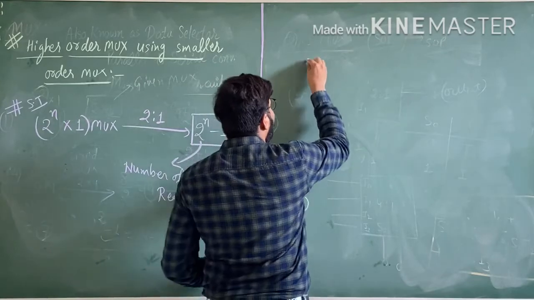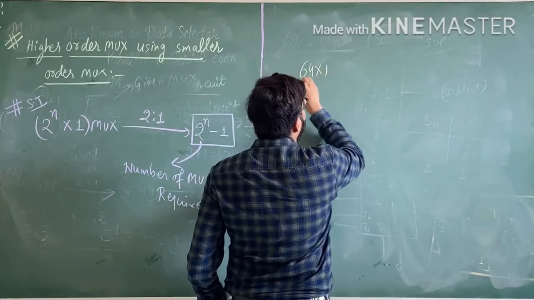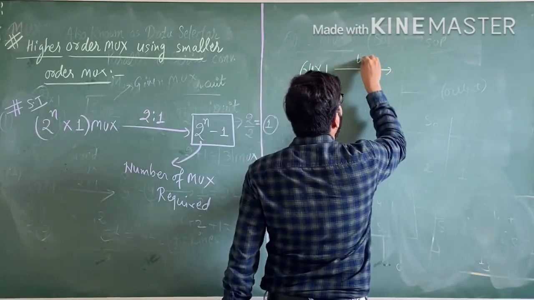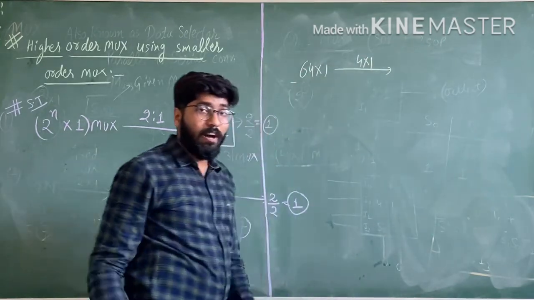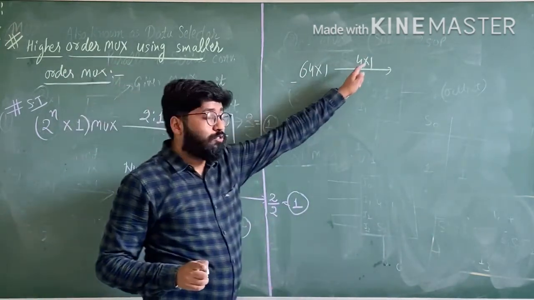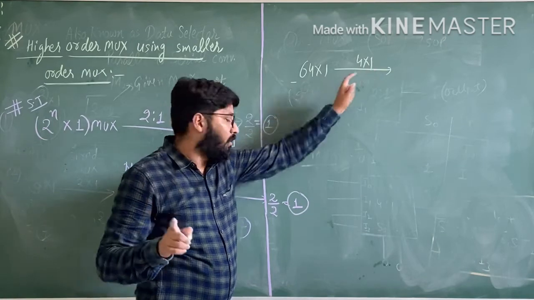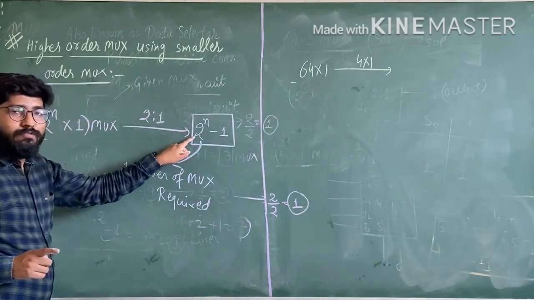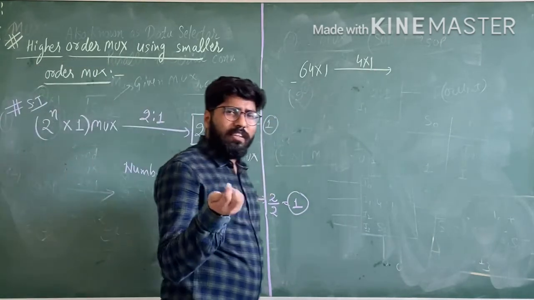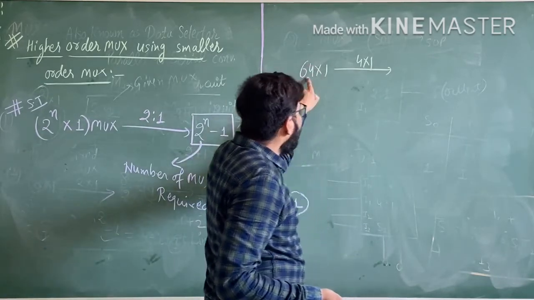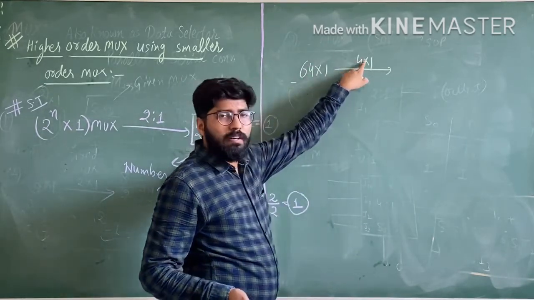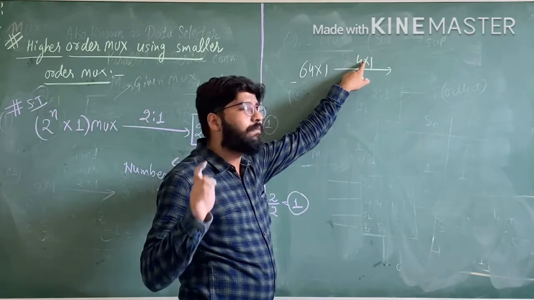Suppose you have to design 64 cross 1 with the help of 4 cross 1 MUX. Now the question is changed. Here it is 4 cross 1, not 2 cross 1, so we cannot use this formula. Then use the conventional method: divide this MUX by this MUX until the remainder becomes 1.